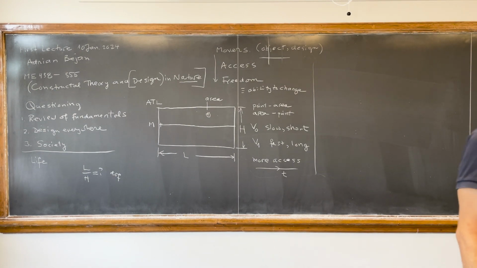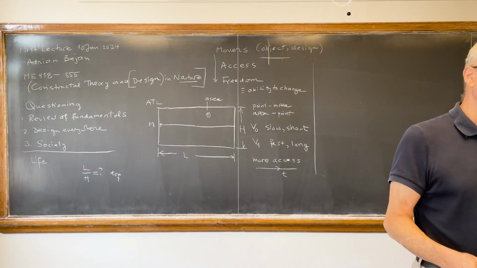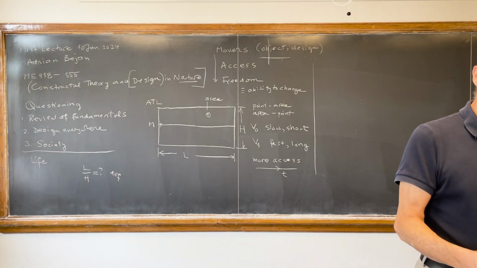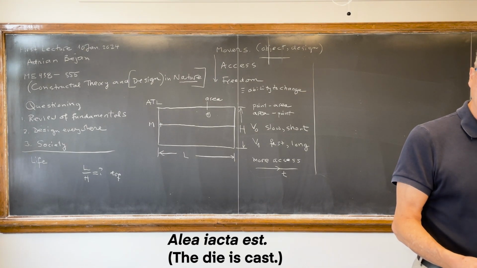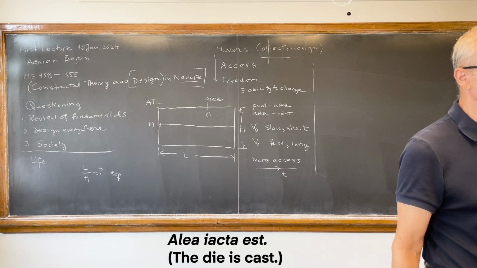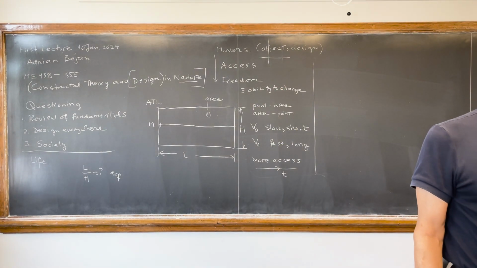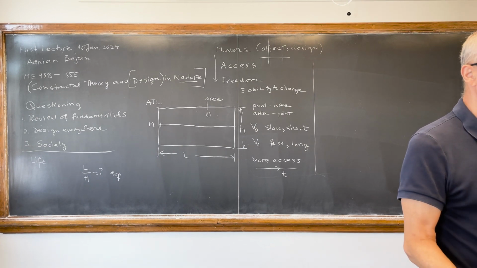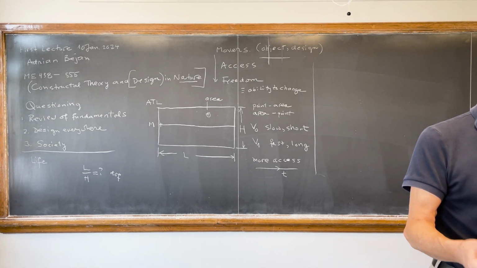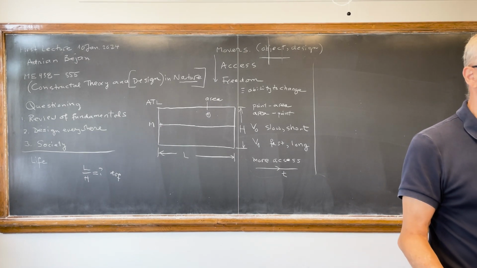Exactly. Very good. So you've heard of alea iacta est? You don't remember? Caesar, when he decided to march on Rome to basically get rid of the Republic, he crossed the river called Rubicon, which is just south of Bologna, with his army.